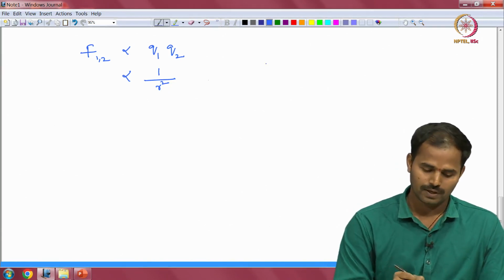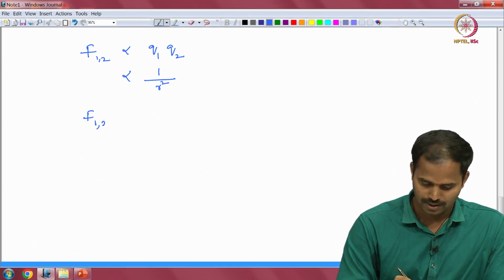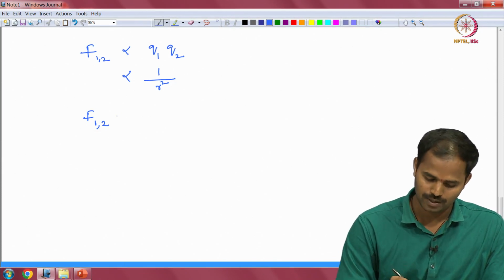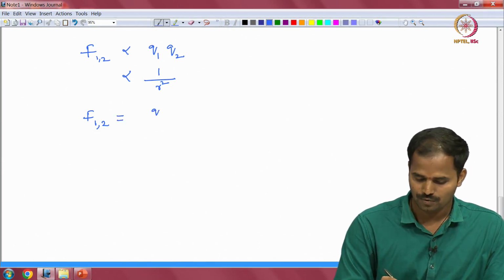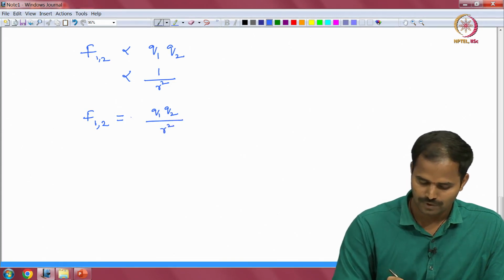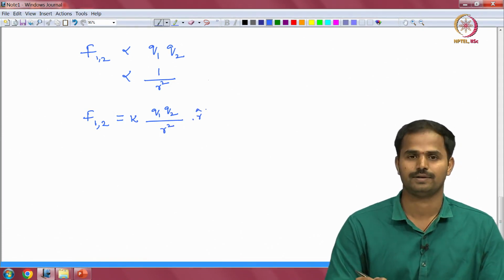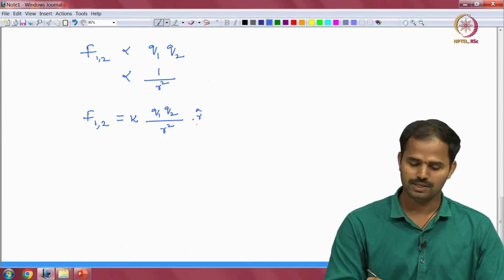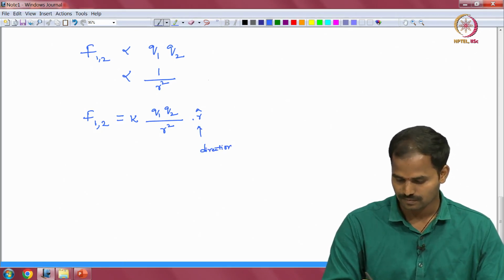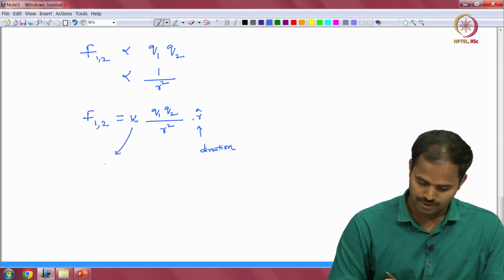The final equation, as per Coulomb's findings, for the force acting on charge q2 due to q1 is q1 q2 divided by r square, into the Coulomb constant and the unit vector. The unit vector defines the direction, and k is the Coulomb's constant.